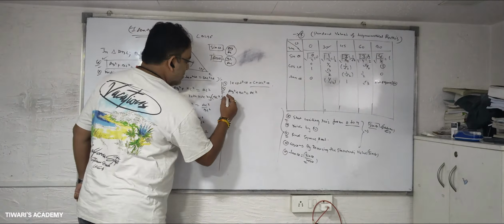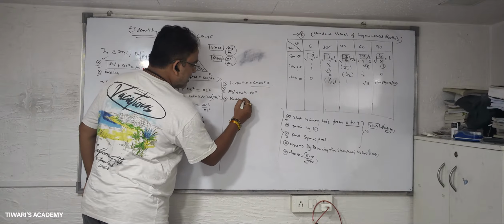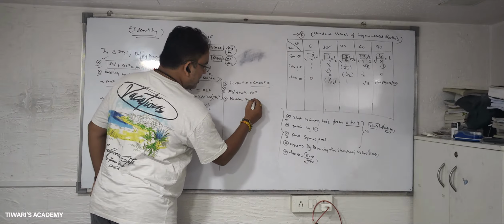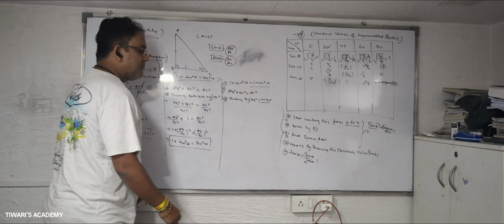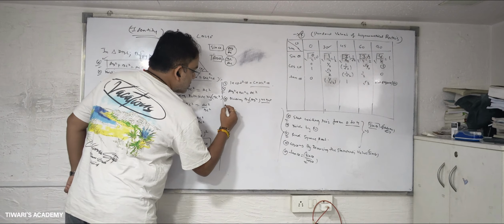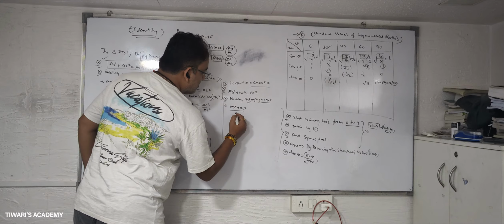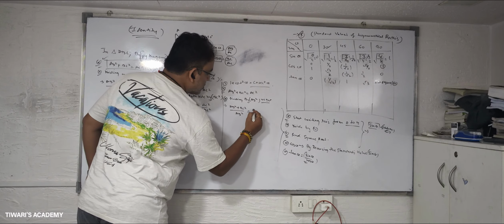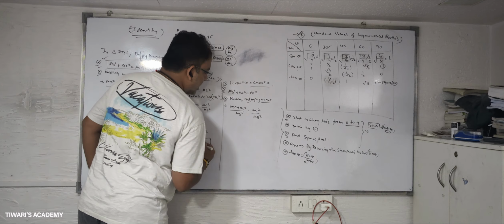So dividing the whole equation by AB square, we get AB square plus BC square upon AB square is equal to AC square upon AB square.